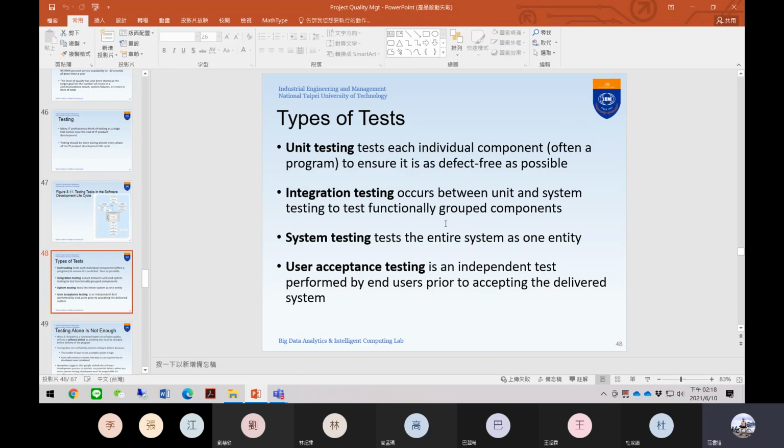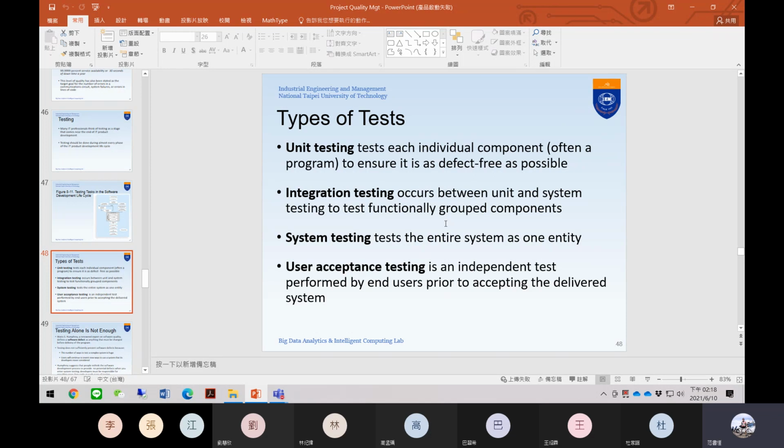Integration testing occurs between the unit and system testing, to test a functional group of components before unification, and is known as chip probing.